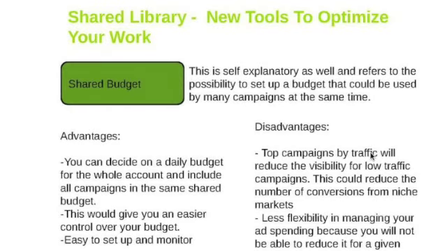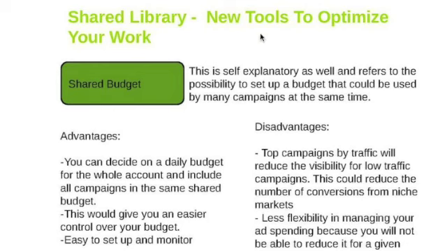Shared budgets instead are a really interesting change. What a shared budget does is create a budget, for example $100 per day, and you can tell an X amount of campaigns, so let's say 5 out of your 10 campaigns, to all take their budget from the same money.